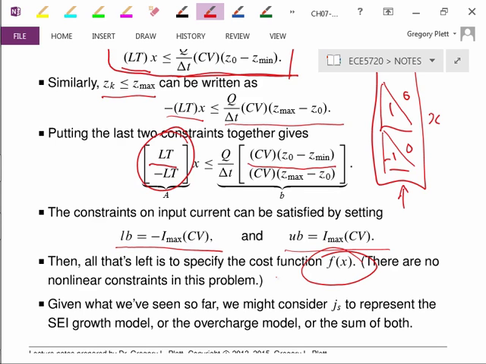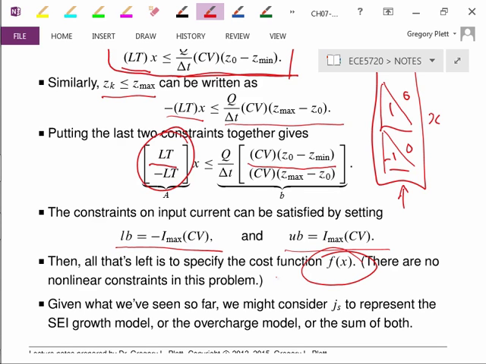So, to recap this section, we've introduced the framework of nonlinear programming. And it's a very rigid framework that you have to specify your problem in a very specific way. Then we looked at the problem that we want to solve, which doesn't automatically satisfy that framework.